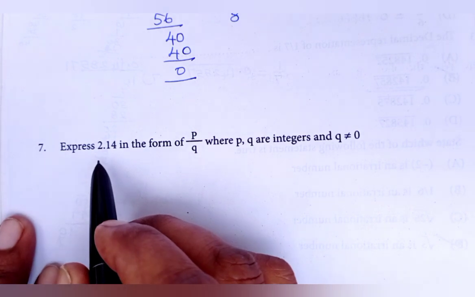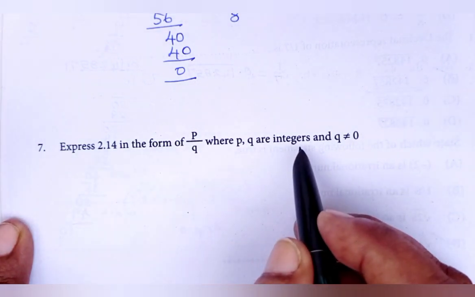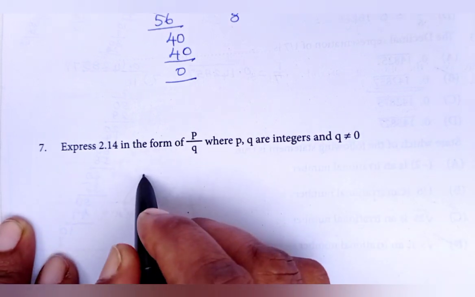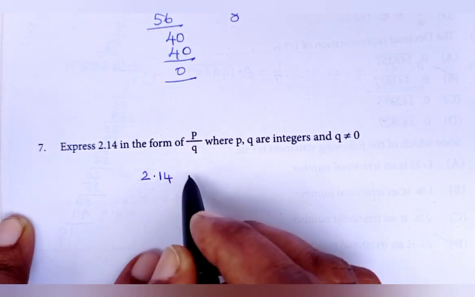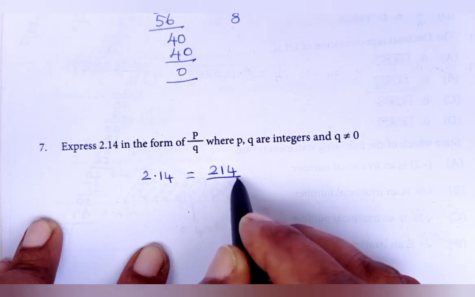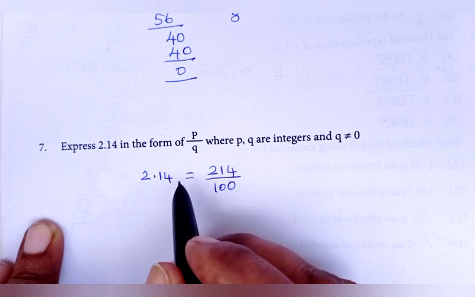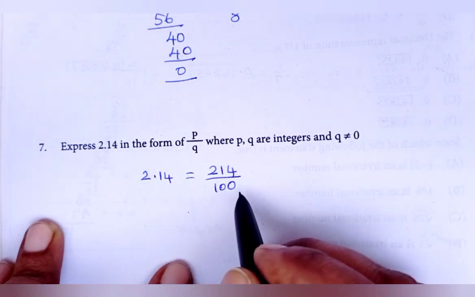Seventh question, express 2.14 in the form of p by q where p, q are integers and q is not equal to 0. 2.14 is a decimal number. So we can write this as 214 by 100. There are two decimal places. Two decimal places இருந்துச்சுனா decimal point remove பண்ணிட்டு we can write 100 in the denominator.